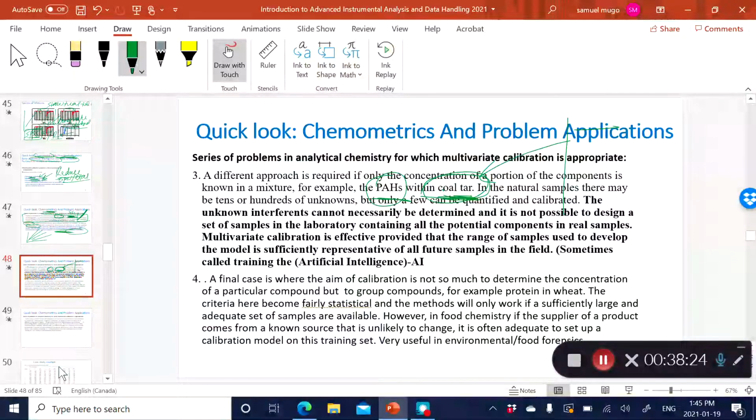And so again, the only thing that I can possibly do is get as many compounds as I can, build as many standards as I can, analyze them using the instrument, and again use a statistical tool to try and build the best regression model using the compounds that I have.